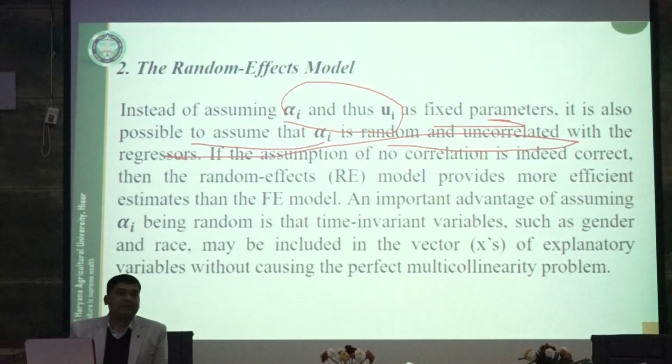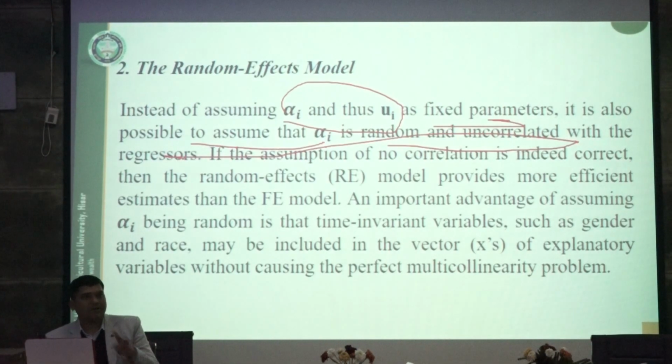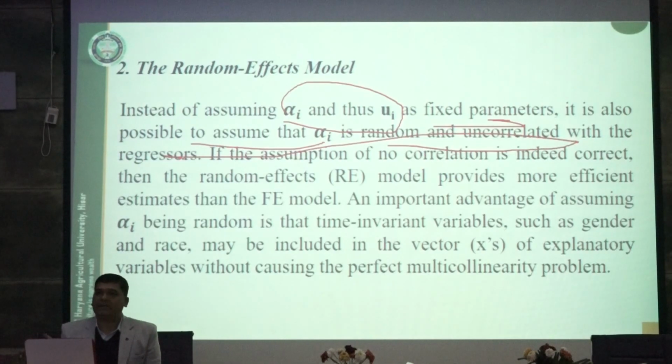It means it is assumed in the random effect model that the correlation between ui and xi is 0. That means there is no correlation between them. So this is the assumption for a random effect model.